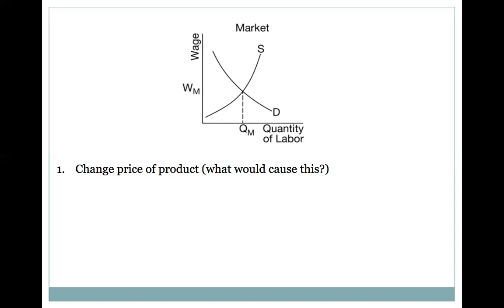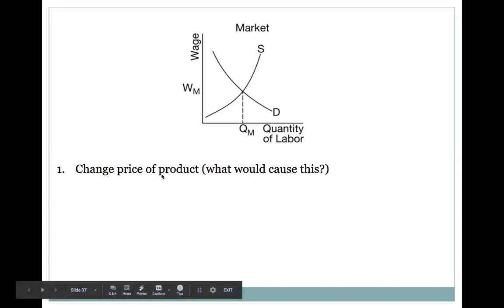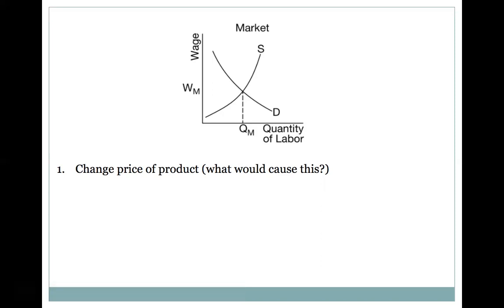We talked about that in the last video, that the demand for the labor is related to the product. If a product is popular and rising in demand, so will the demand for that input. As the demand rises for the product, the price rises, and then that increases the demand for the labor input.